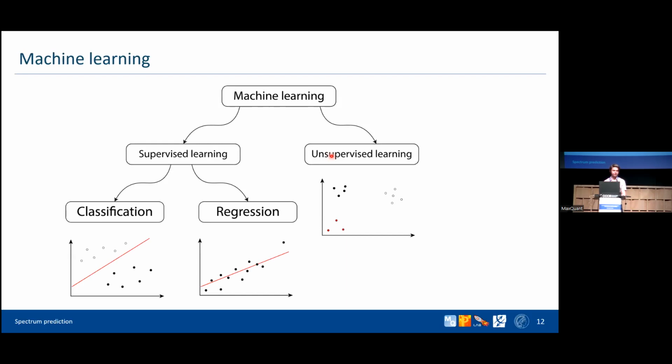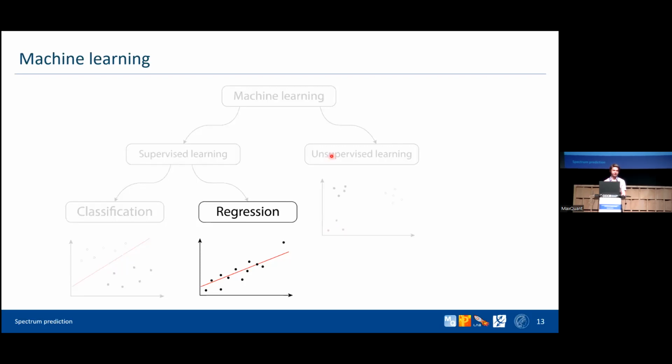Supervised methods can be further divided into classification with categorical targets and regression where the outputs are numerical. And spectrum prediction is the regression task where the output variables are fragment intensities.